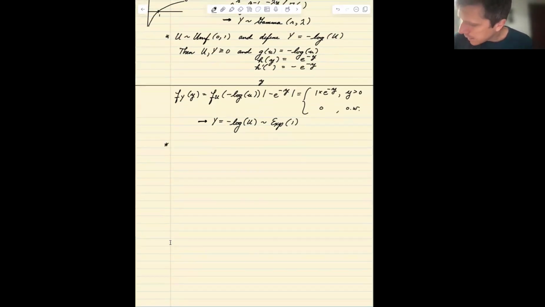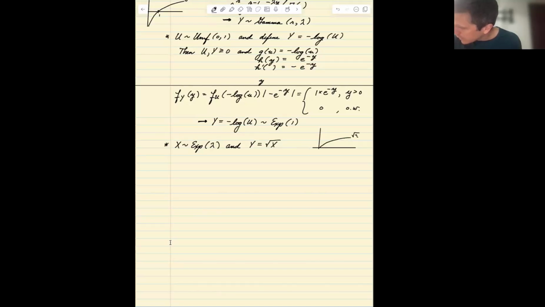Okay. Another example, let's let X be exponential with rate lambda, and let's define Y to be the square root of X. Well, because X is exponential, it's non-negative. So the square root of X is defined, and the square root of X looks something like this.